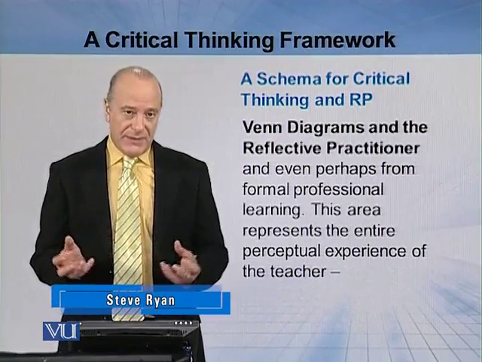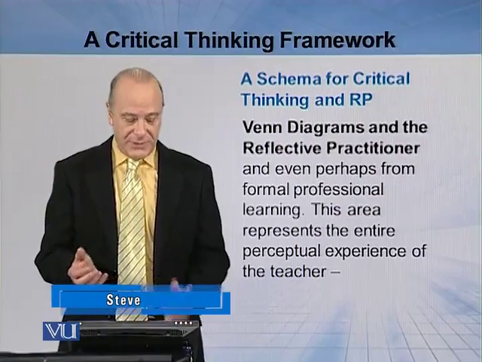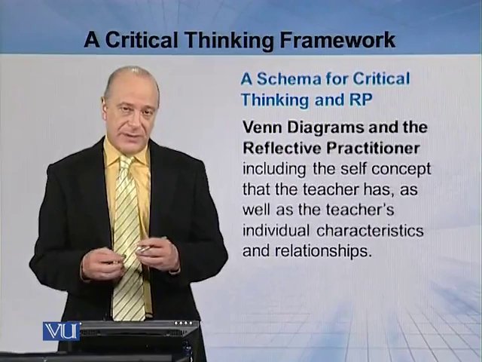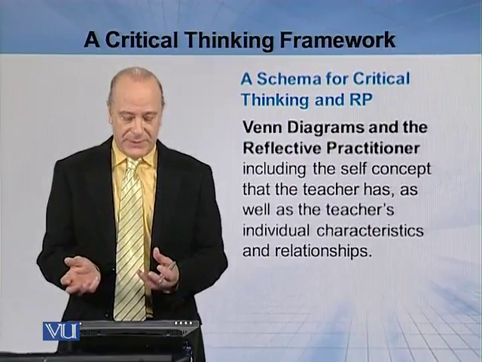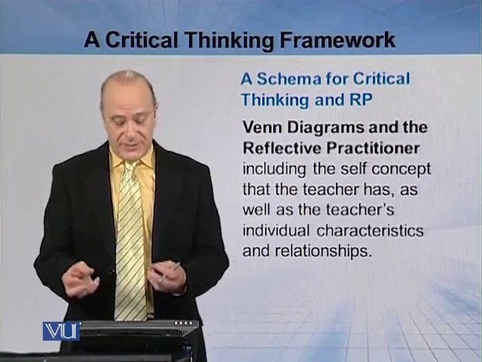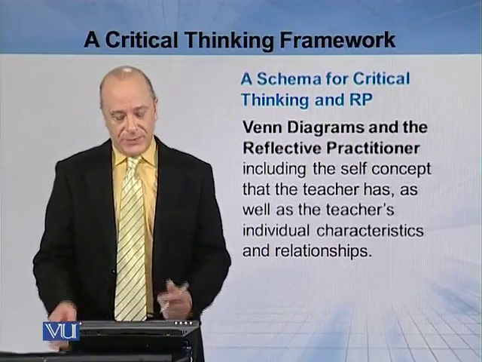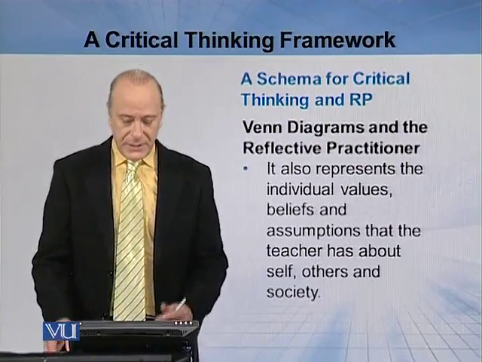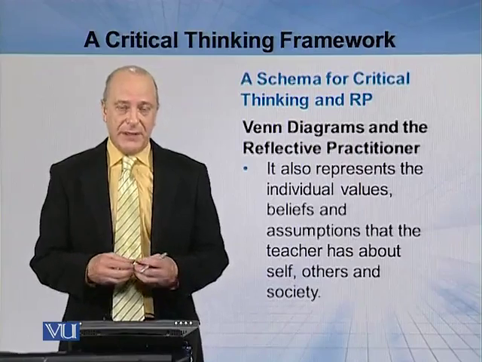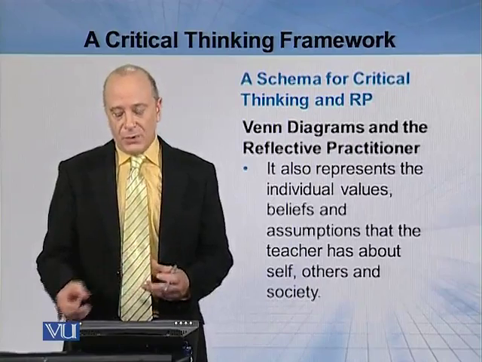This area represents the teacher's entire perception of that experience as a teacher and how they include their self-concept within that experience. Therefore, it could include individual characteristics from the teacher as well as the relationships that the teacher has with the students. It also, of course, represents the values and the beliefs and the assumptions that the teacher has about teaching and their role as a teacher.